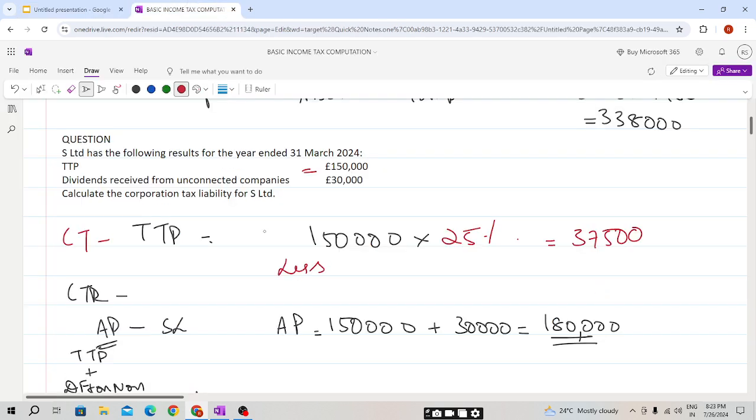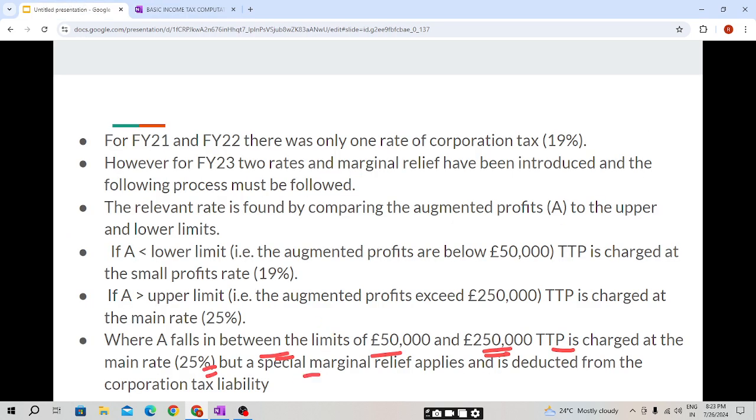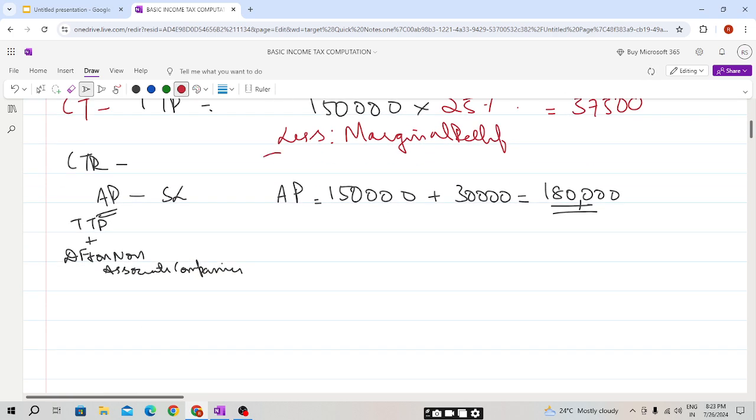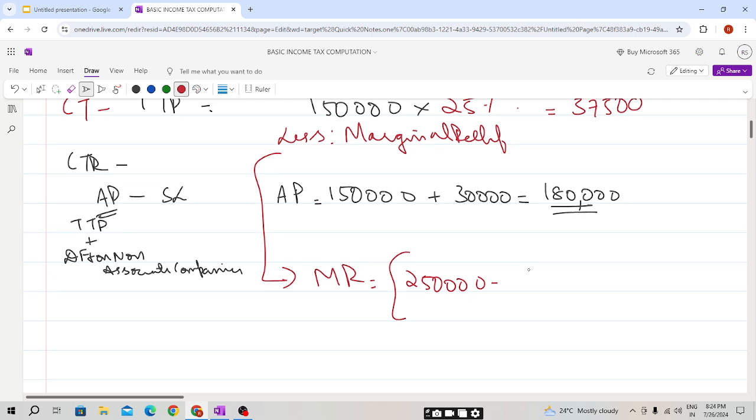This is the corporation tax liability, but less marginal relief, as special marginal relief applies and is deducted from the corporation tax liability. So now, students, we need to calculate the marginal relief. The marginal relief is upper limit, the upper limit is 250,000, minus augmented profit. Augmented profits are 180,000.